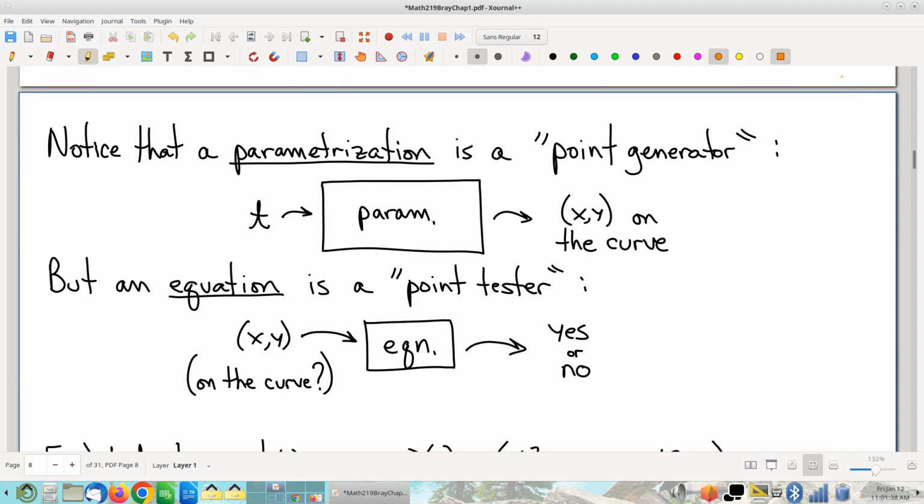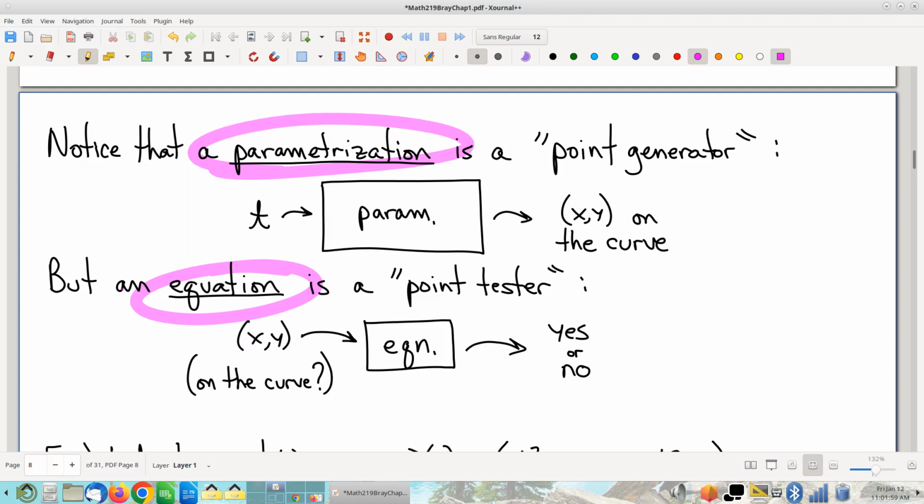Okay. So now I want to take a step back from algebra for a moment and talk, just at a big picture level, about how to think about parameterizations and equations. Parameterizations and equations do have something very important in common.